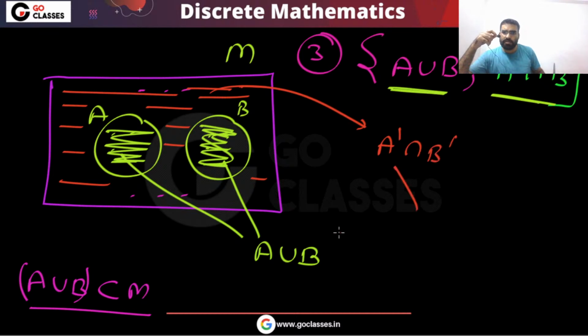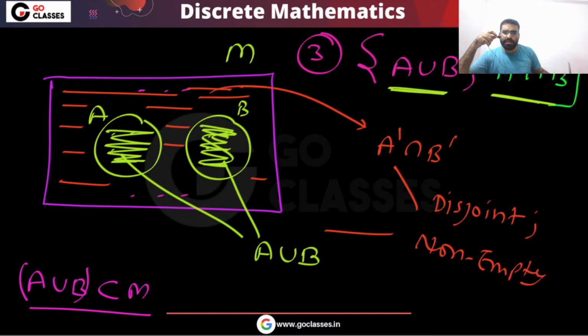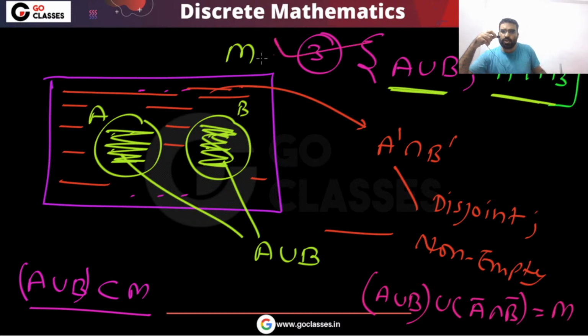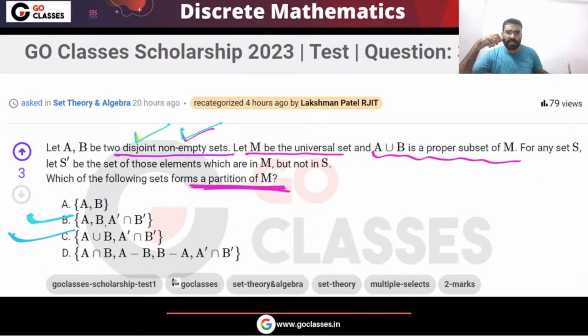They are non-empty, disjoint, and their union is equal to M. So yes, option 3 is also a partition.